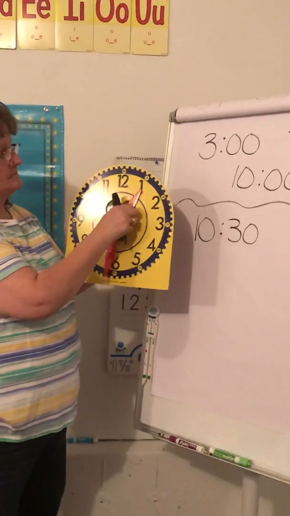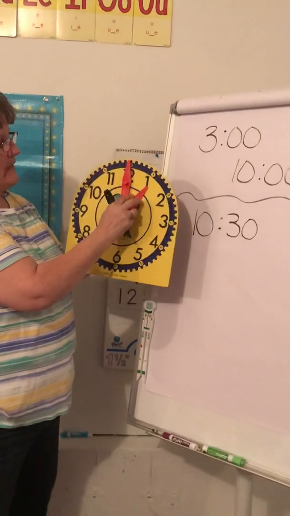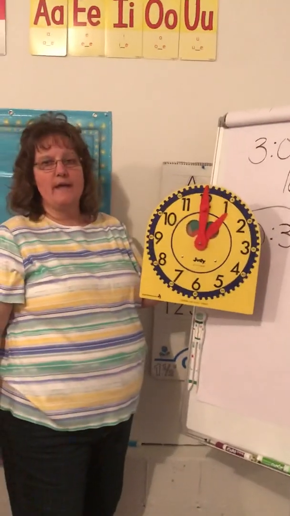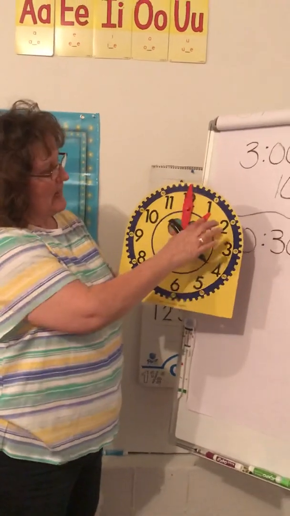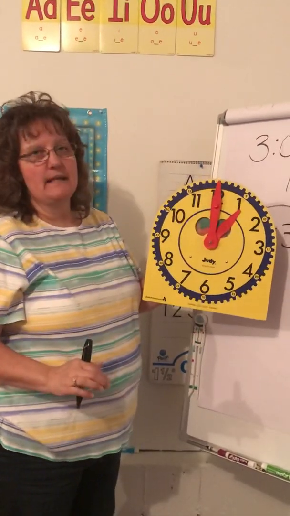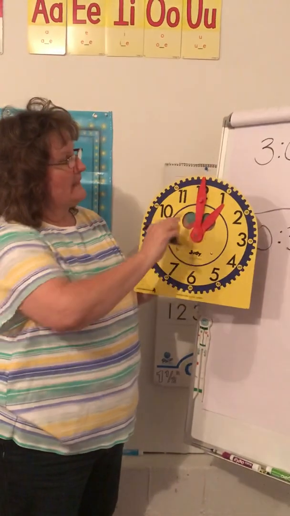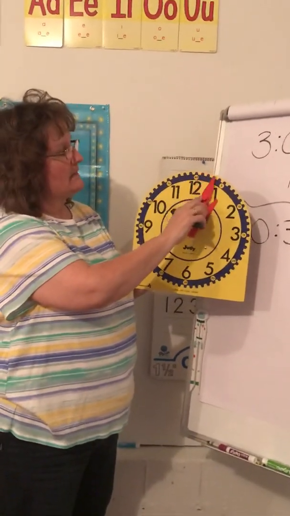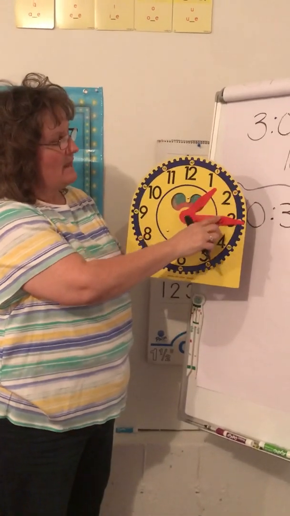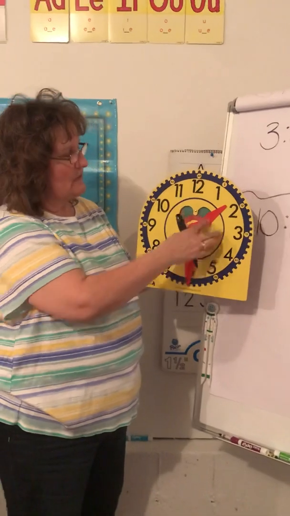Let's try this one. Okay, you know that is 1 o'clock. The hour hand is pointing to the 1, and when the long hand, the minute hand, is on the 12, it's always o'clock. Now let's try moving the minute hand. 5, 10, 15, 20, 25, 30.